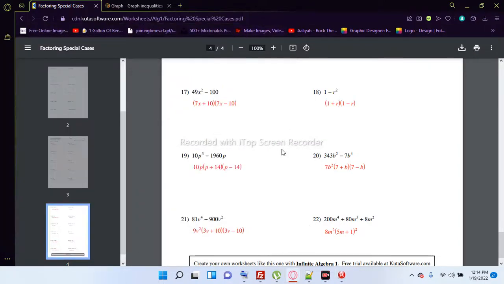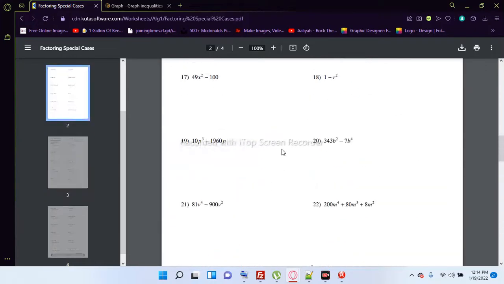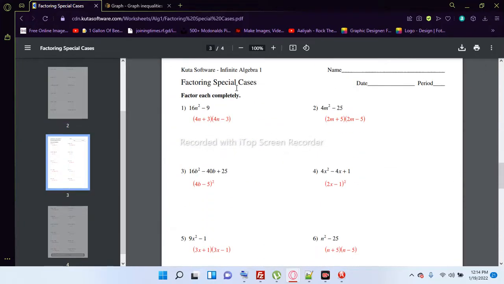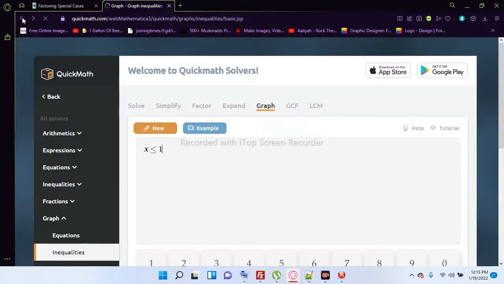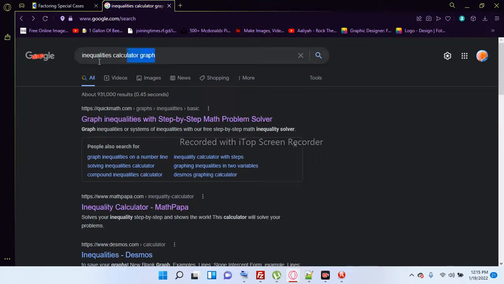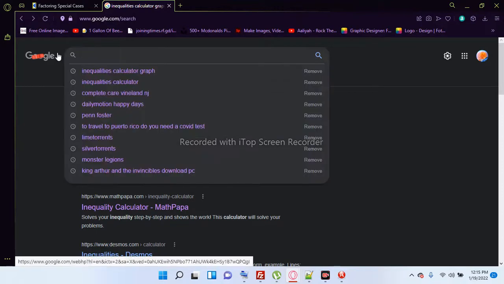We take 343b squared, so we're going to find out. We need a factoring special cases, so we need a factoring calculator. So we go back and let's get a factoring calculator.